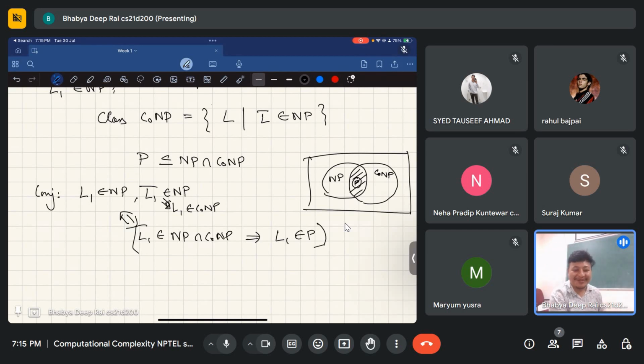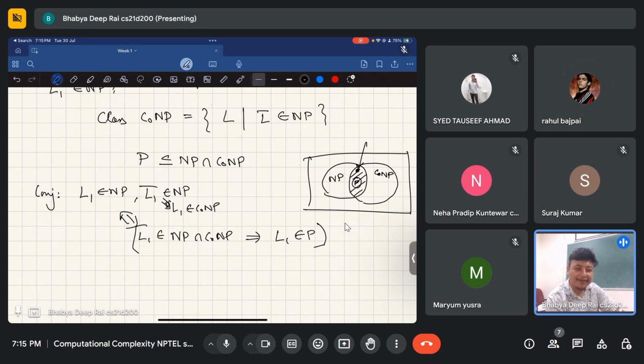No one has been able to prove this yet, and it would be a very interesting result. The popular belief is that this is not true, and that there are languages that sit here which are not in P. That is graph isomorphism, I think.